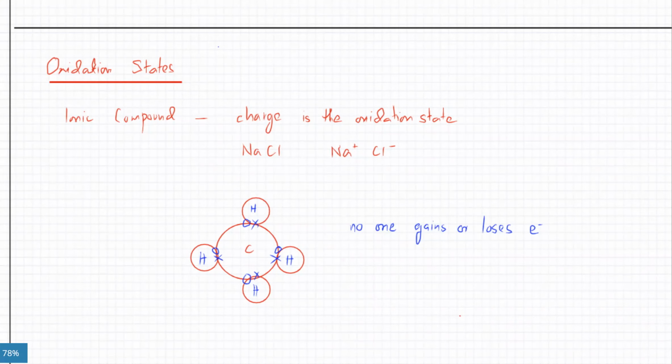Yes, sir. So the point is no one gains or loses electrons. But when you talk about oxidation states, we assign H as +1. And we say that carbon over here is -4. I mean, we give it a charge, which isn't even there.